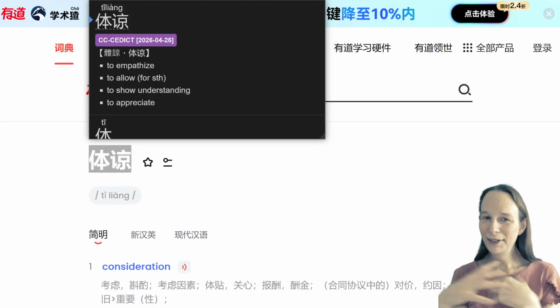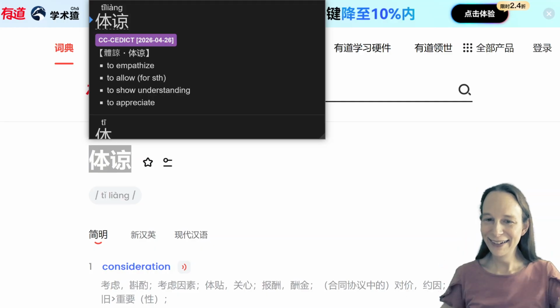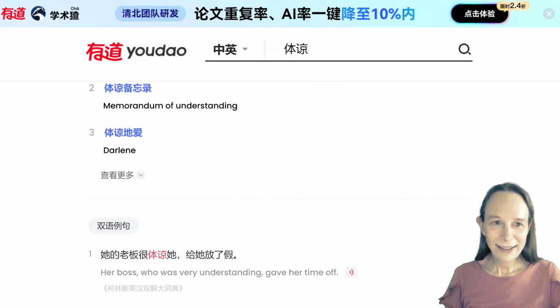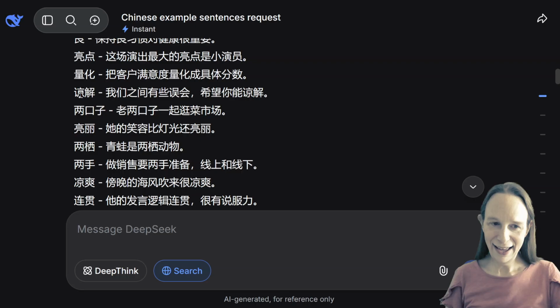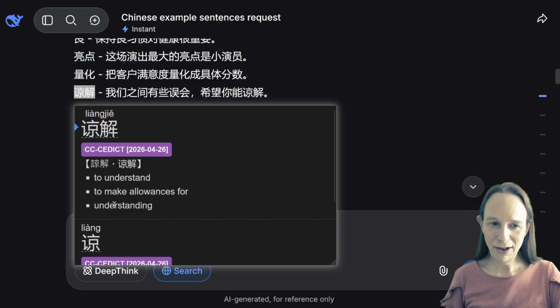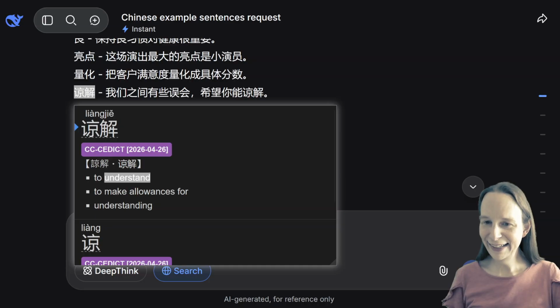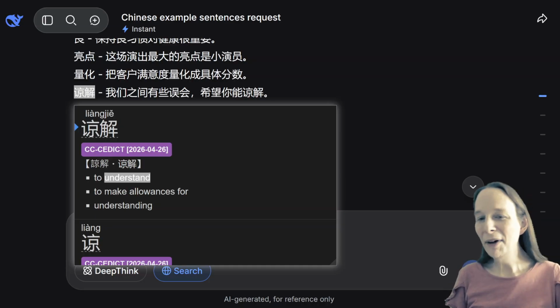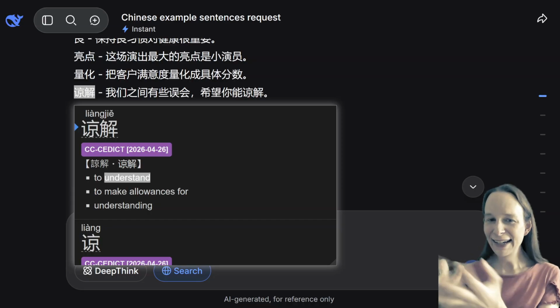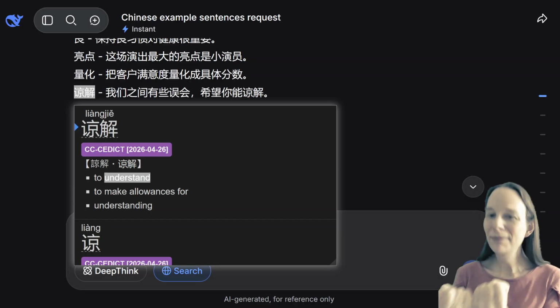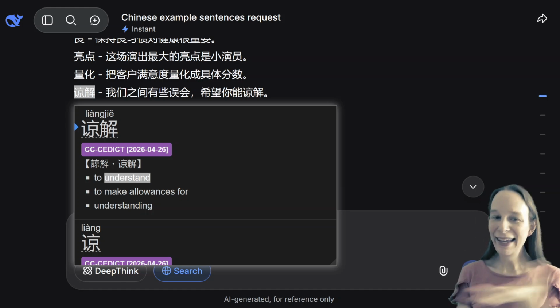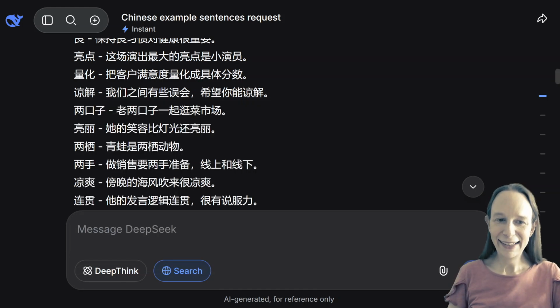So the teachers should empathize with their students. 谅解 is kind of similar, but I believe it's a noun, also a verb. Understanding, but not in the sense of understanding grammar. It's understanding the circumstances and making allowances.